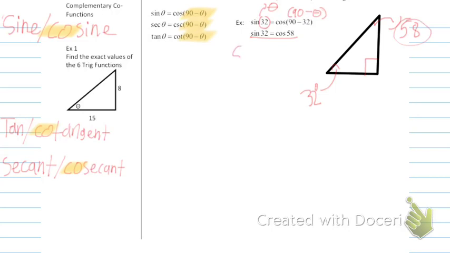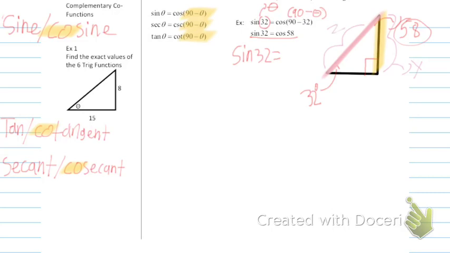So sine 32 equals opposite over hypotenuse. Remember, sine is opposite over hypotenuse. The yellow represents opposite and the pink represents hypotenuse. So let's say this represents y, and the hypotenuse represents z.